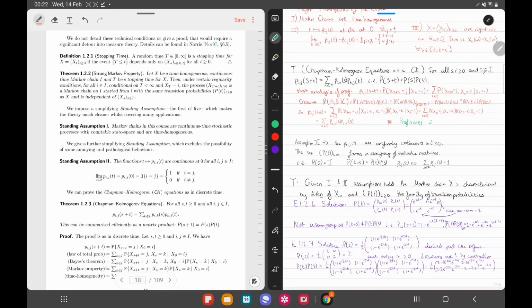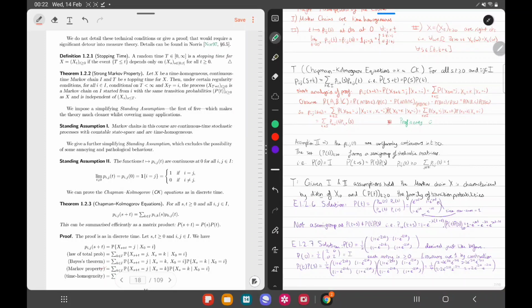The diagonal being equal to 1 means the probability of going to state i at time 0, given that you started at state i. What would you expect that to mean? You know that you start at i at time 0. What's the chance of you being at i? Should be 1. That's what the diagonals say.